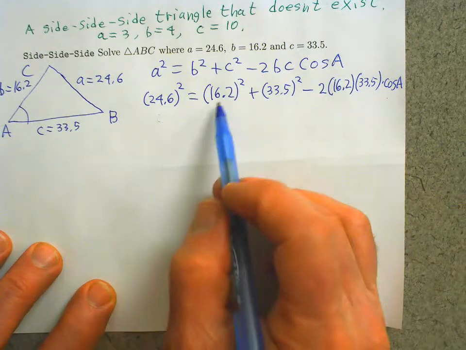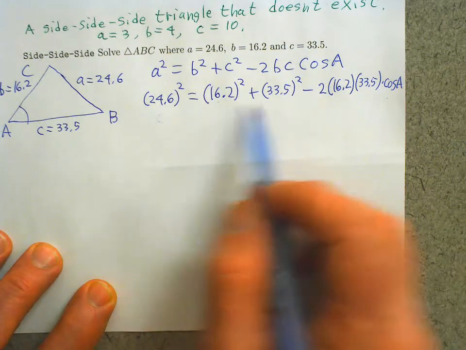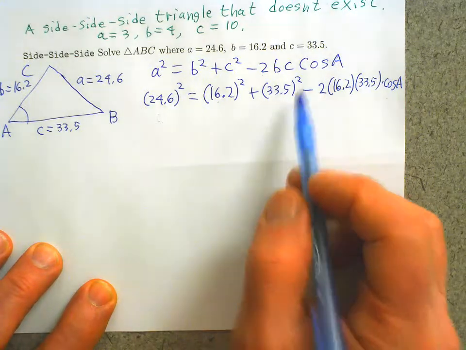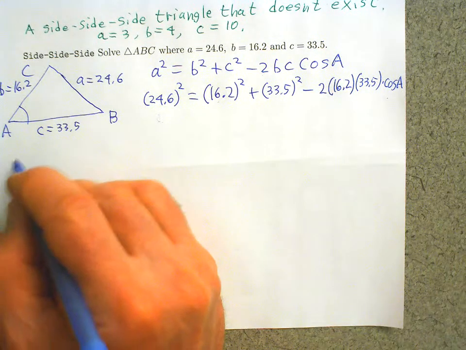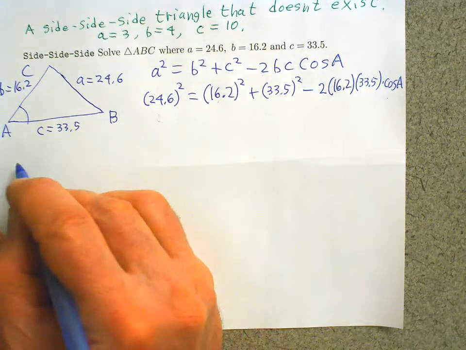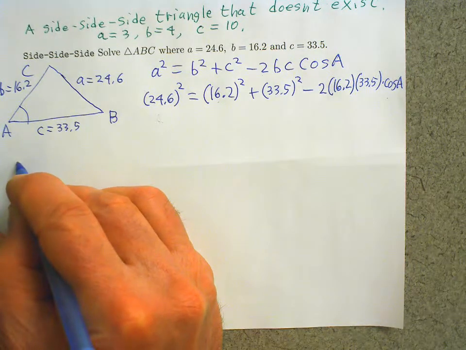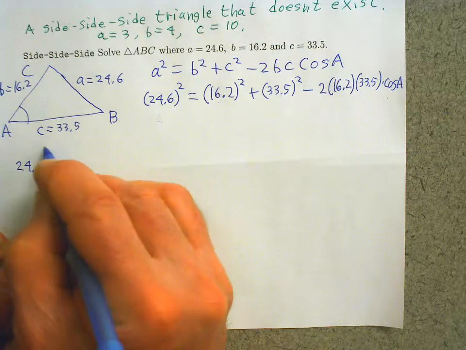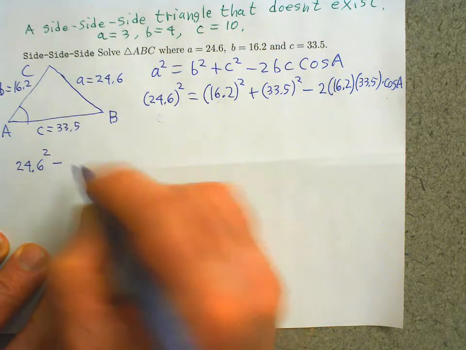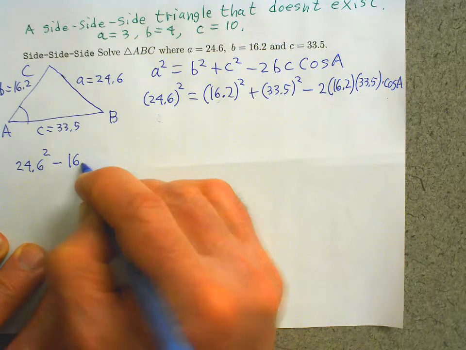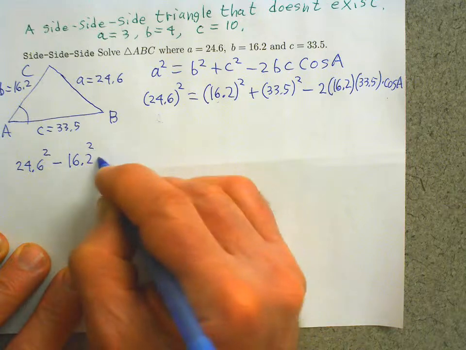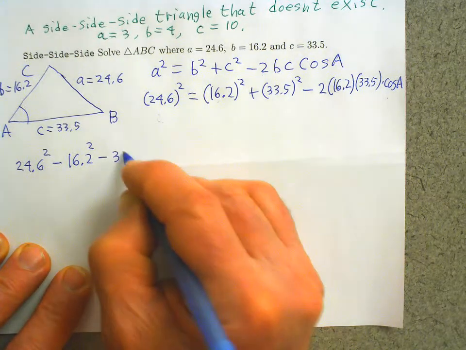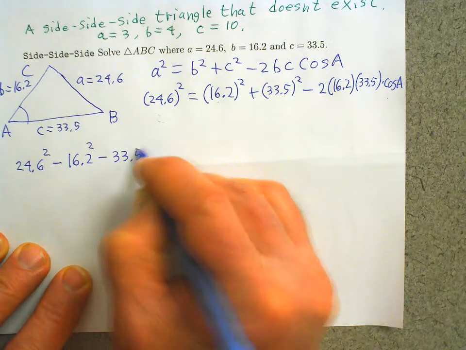So if you subtract 16.2 squared and 33.5 squared, let's write down a little bit more. So maybe without parentheses, 24.6 squared minus 16.2 squared minus 33.5 squared.